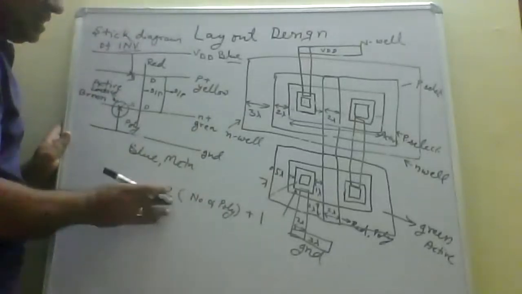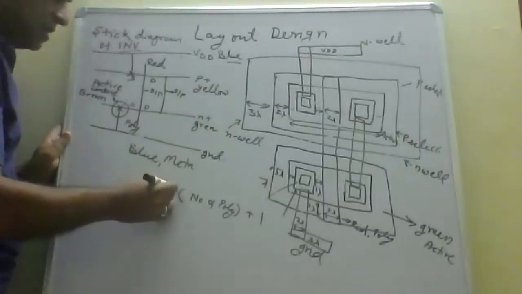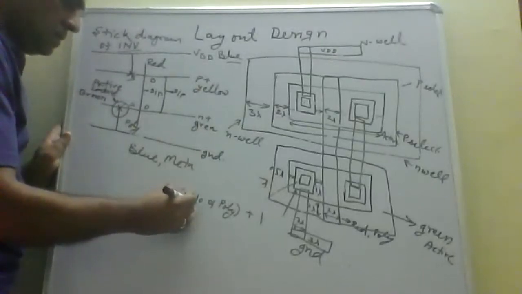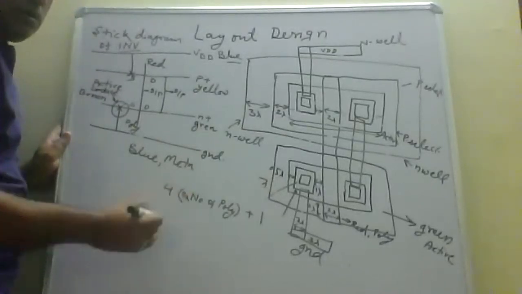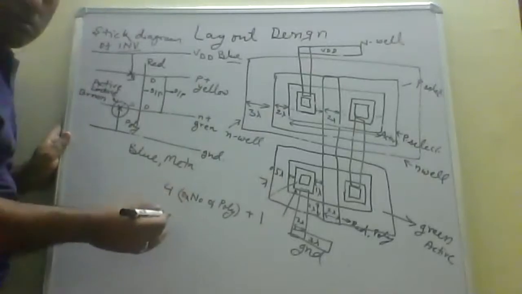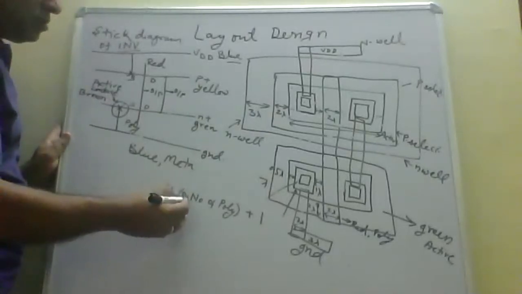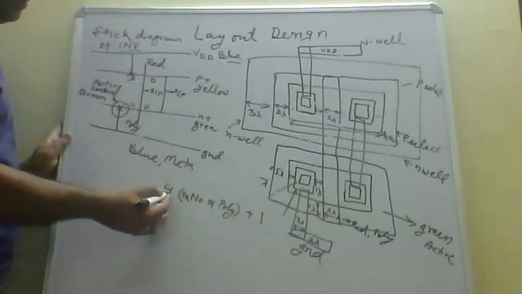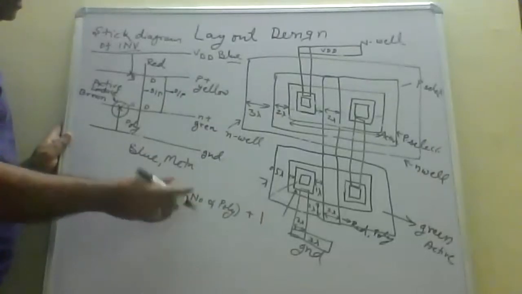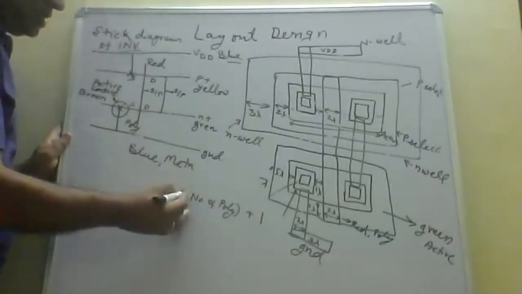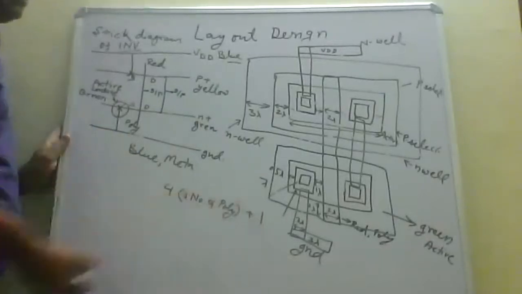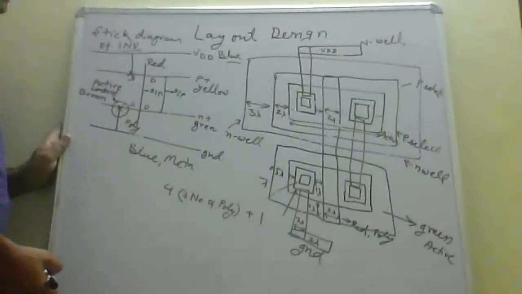Poly is 1 here, it is 4 here. 4 into 2, number of polys, plus 1. It is 3 here. 3 into 4 is 12 plus 1. So 13 lambda will be there.